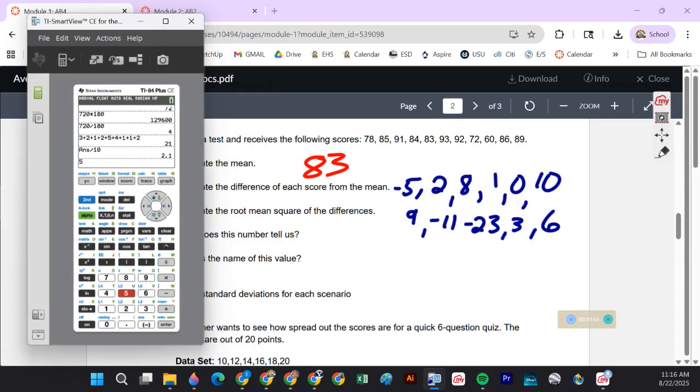All right, so 5 squared. I got 9.4. Is that what you guys got?